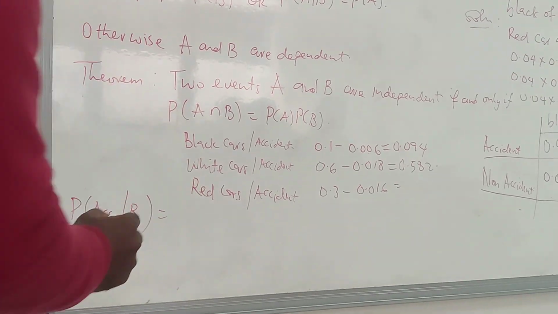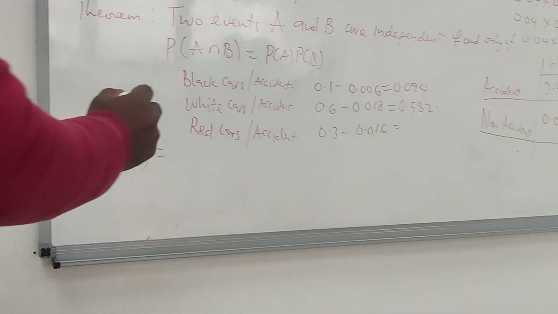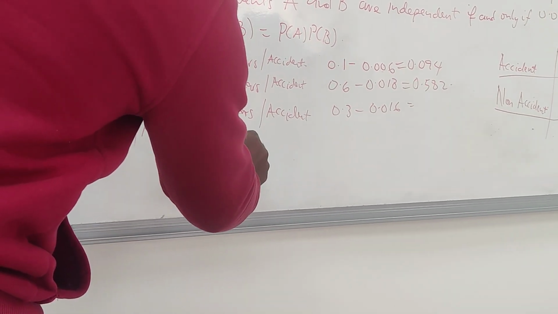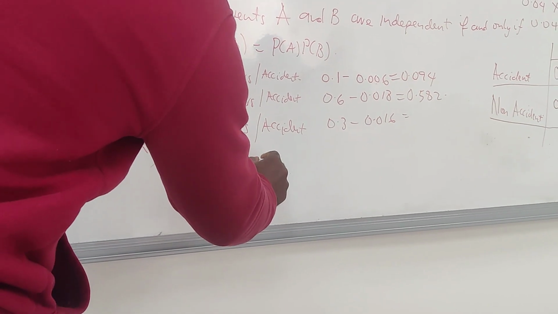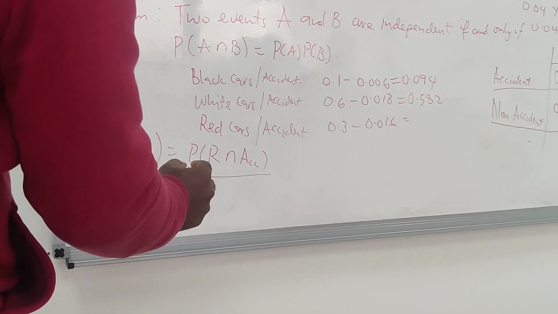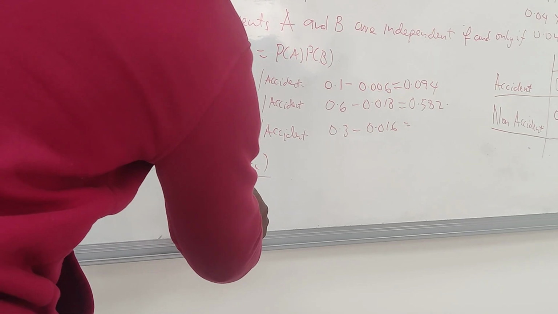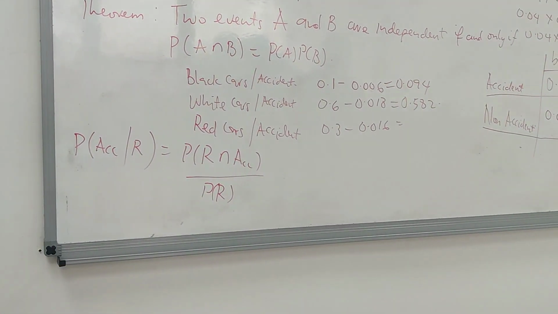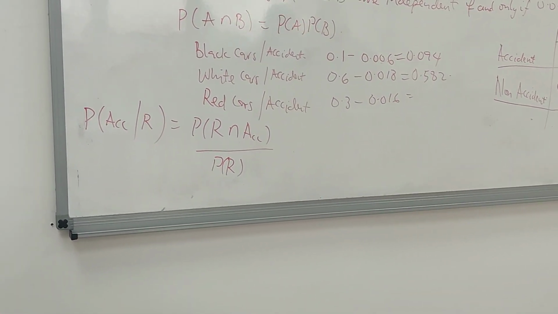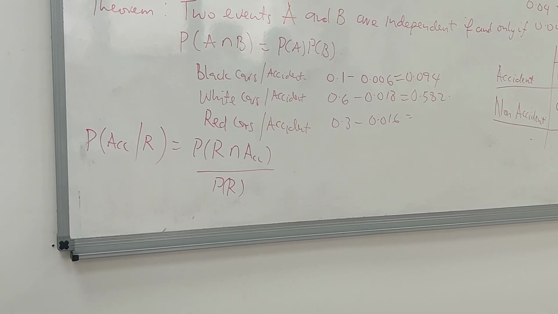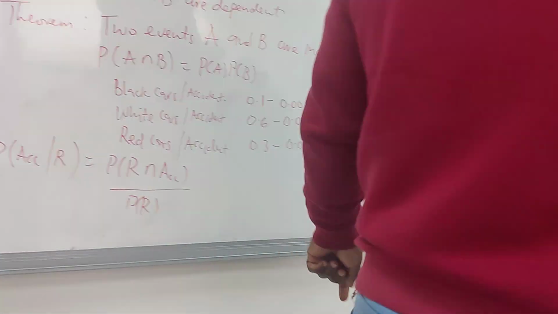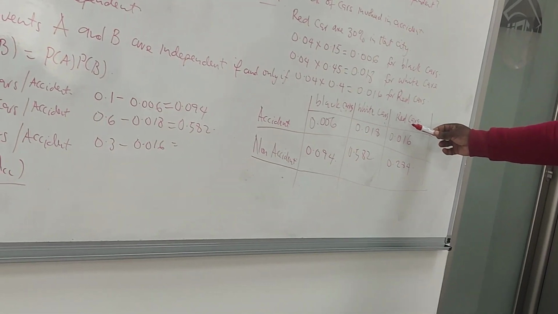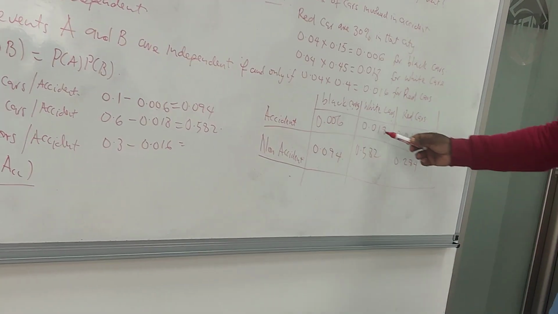So who can tell me what the formula will be? It's going to be probability of R intersection accidents over probability of R. Now, probability of R intersection accident is here, because R stands for red car and this is the row for accident.